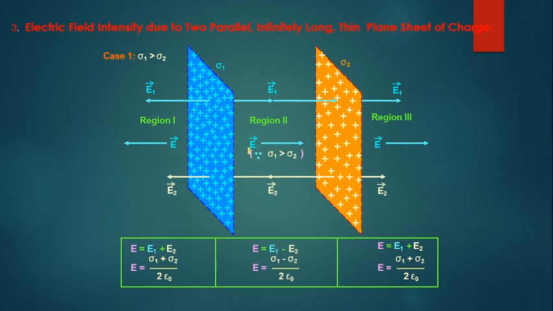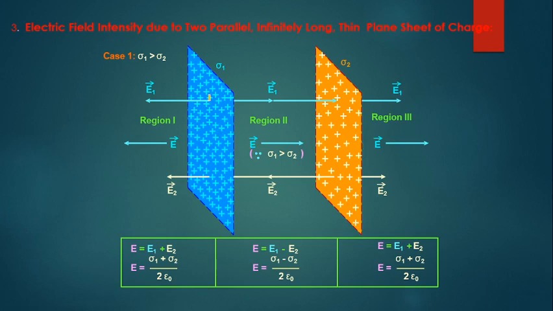They are separated by a certain distance. So here, the case when sigma 1 is greater than sigma 2 means the surface charge distribution in the first case is higher than the surface charge distribution in the second case, and there is a certain distance between them.